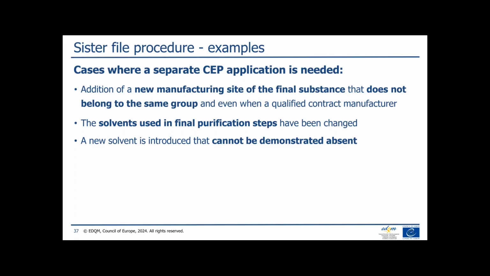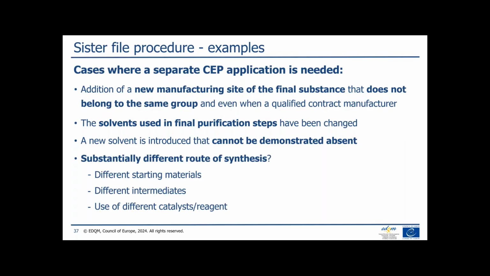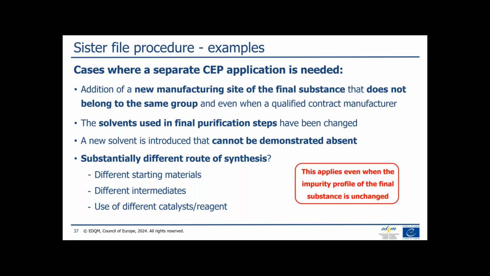A new solvent that is not demonstrated absent in the final substance, different starting materials, intermediates, different catalysts, reagents, all this is obviously a sister file. Although in case of a substantially different route of synthesis, the quality of the final substance or specifications may be the same as for the parent file, the route of synthesis is not the same. Therefore, the application for a sister file should be requested.